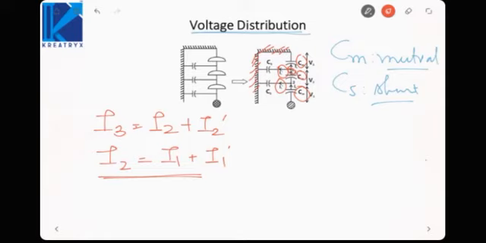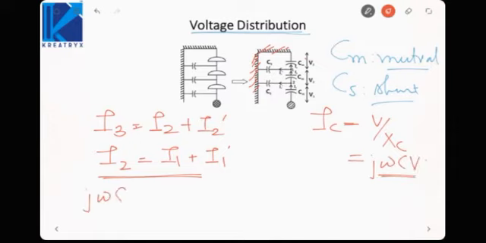First of all, current I2 is flowing in this capacitor CM, which has a voltage V2 across it. Now current in any capacitor is V by XC, which means j omega CV. So I2 will be j omega CM V2.